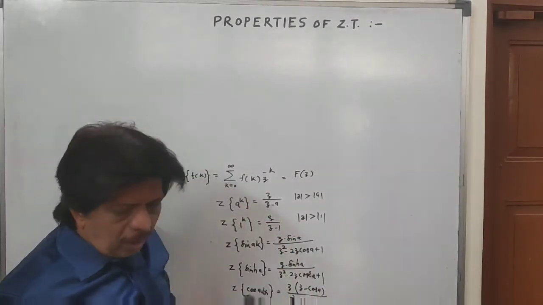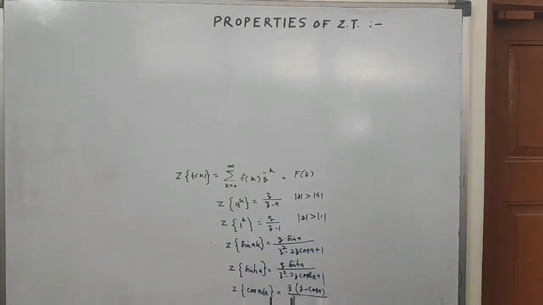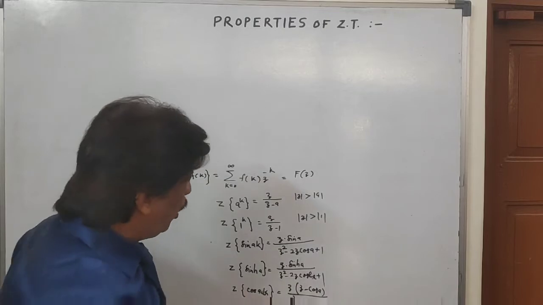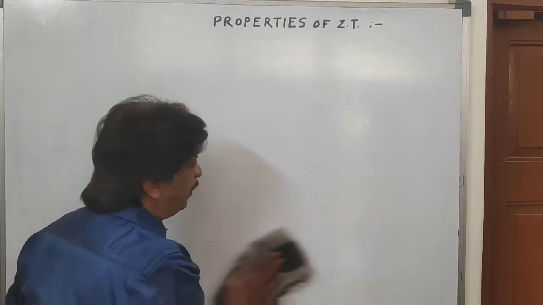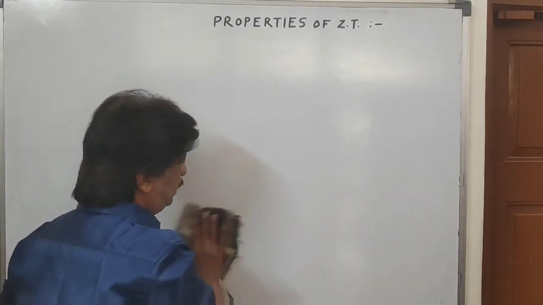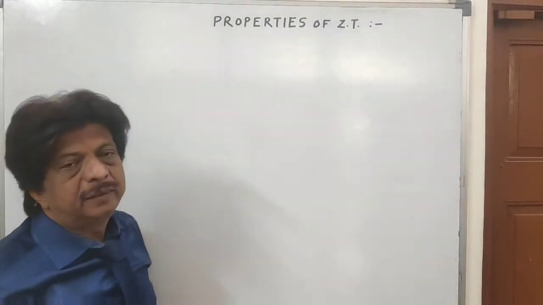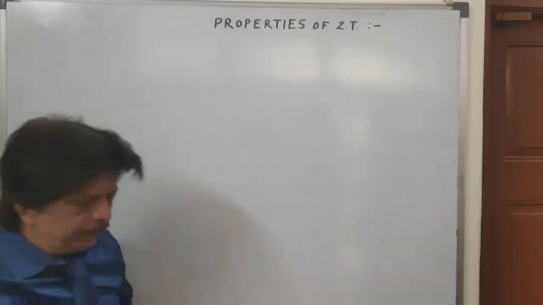You can observe from this. So this much we have seen in the first lecture. Now, you need to remember all these basic formulae. Now, we shall study some basic and fundamental properties of Z transform.